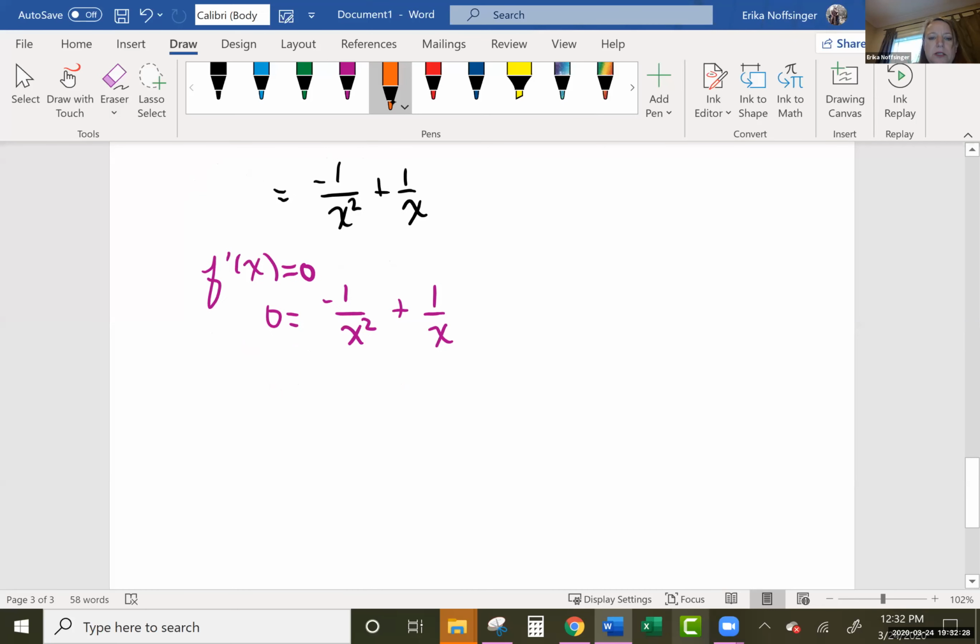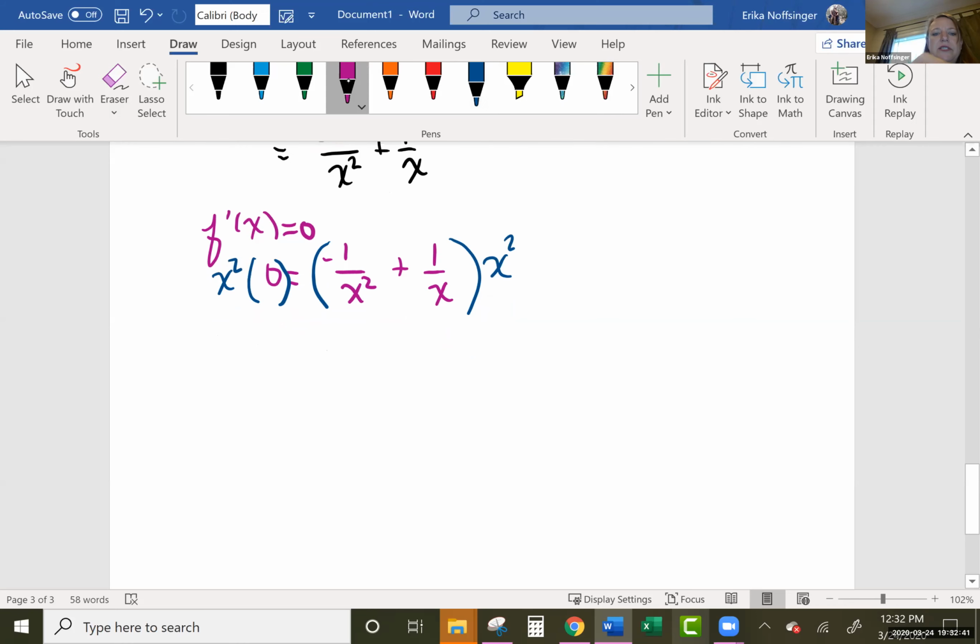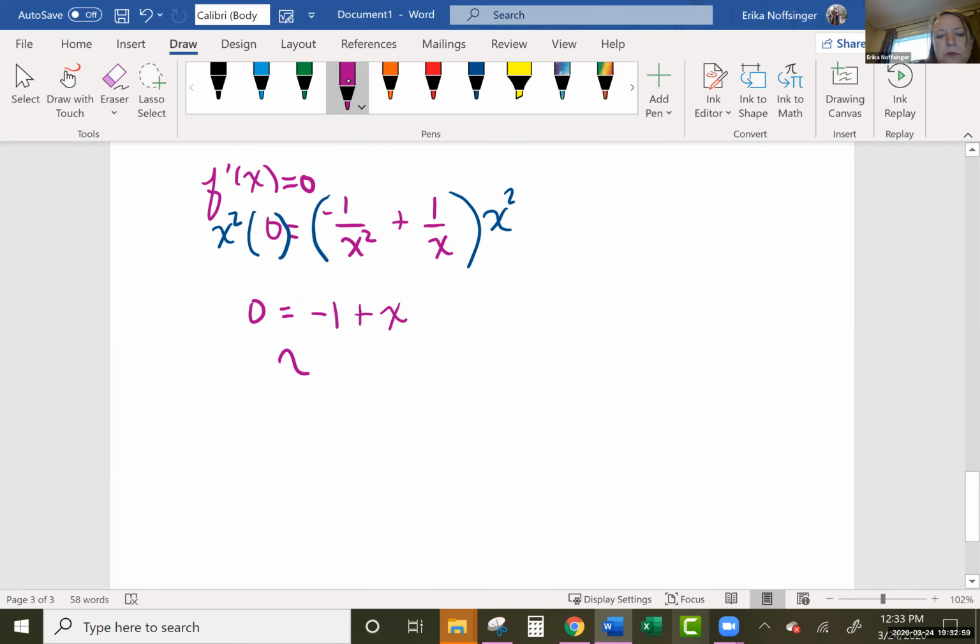The only reason we can do this is because this is an equation and not an expression. So x squared times 0 is 0, equal to, distributing my x squared, x squared times -1 over x squared is -1, plus x squared times 1 over x is x. If we solve for x, we get x is equal to 1.